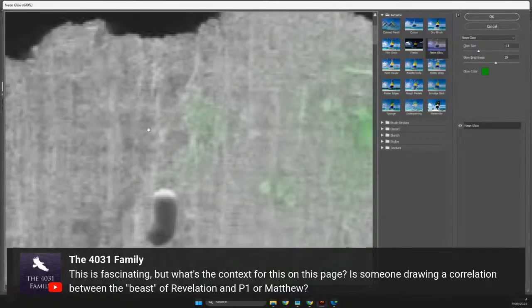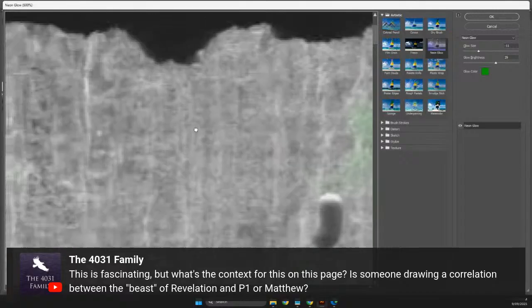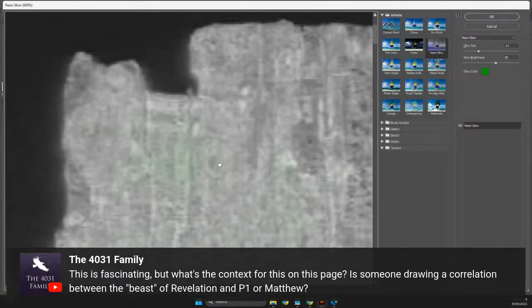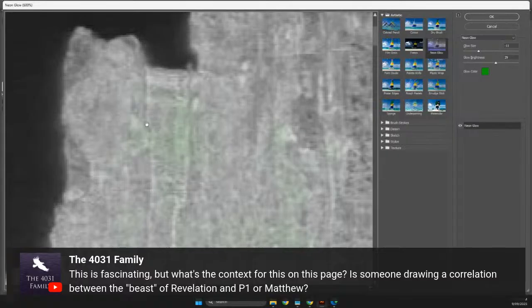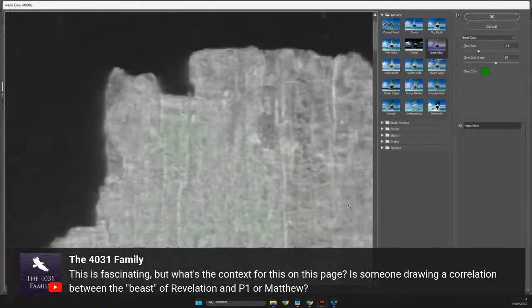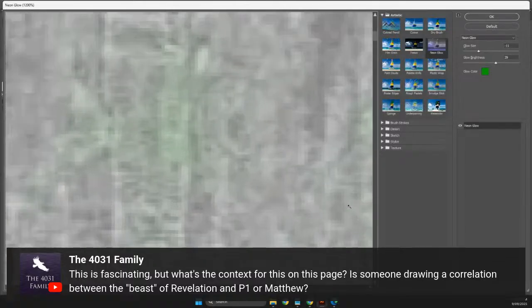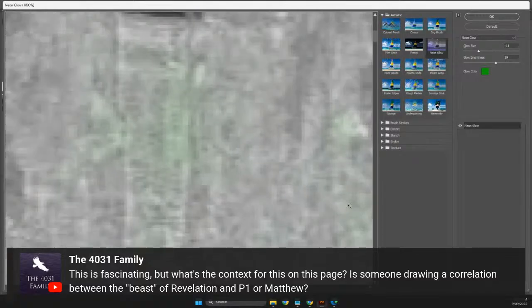But then when we go across to the other side of the page, it's fainter, but you can clearly see a chi, an iota, and a sigma with a line above it. I'm seeing it.